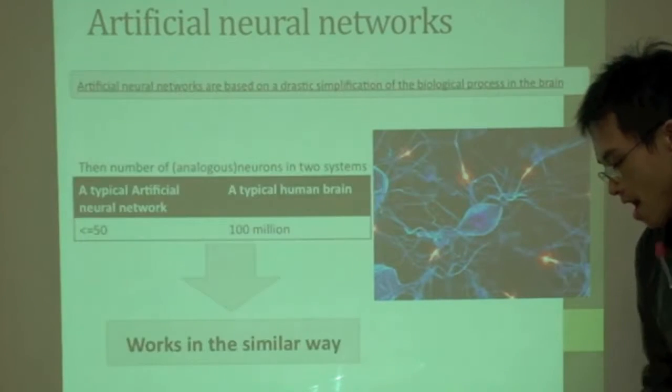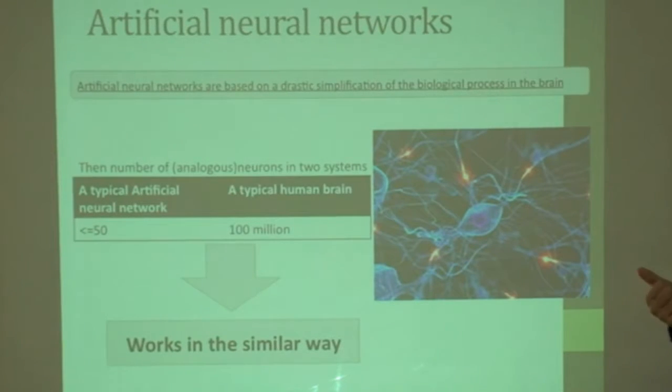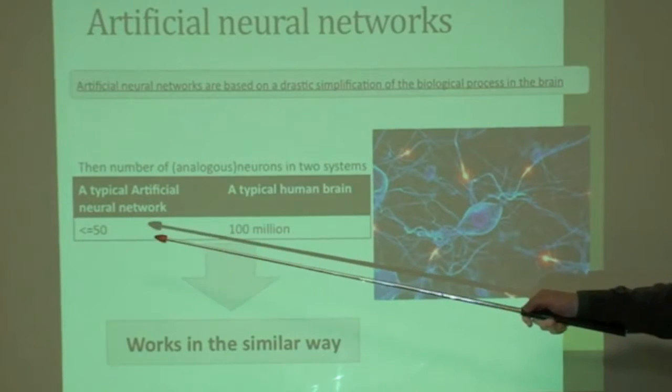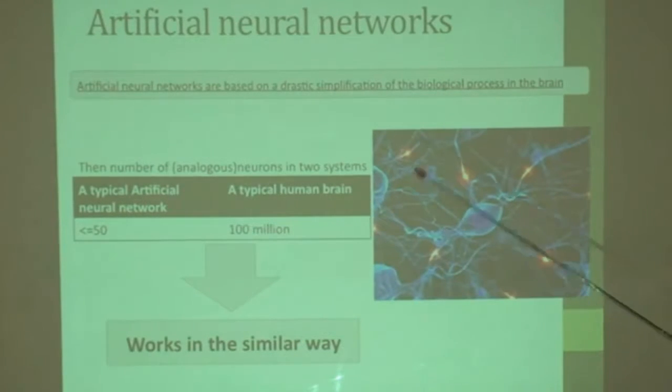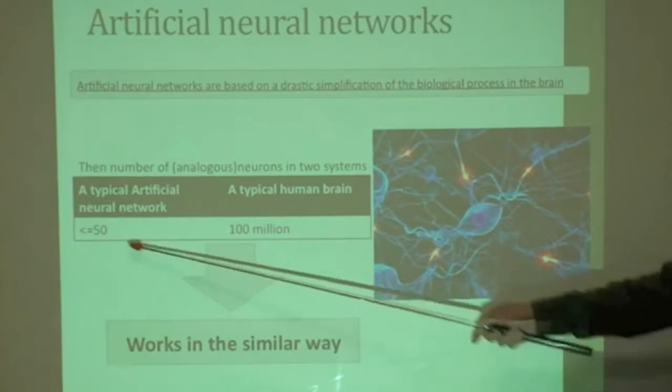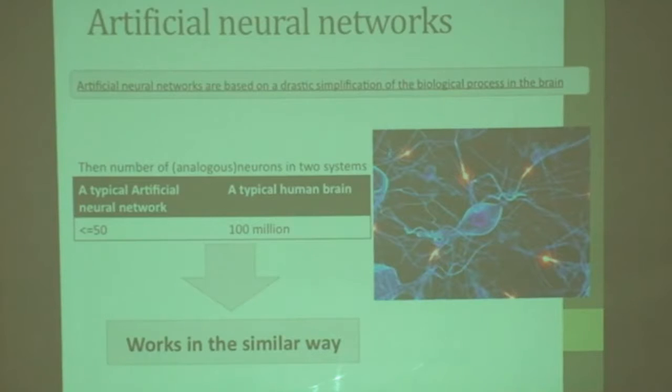The artificial neural network method is based on a simplification of the biological process in the brain. As for the number of neurons, a typical artificial neural network usually has more than 15, while a typical human brain has about 1 million neurons. Although the numbers are different, these two kinds of systems work in a similar way.